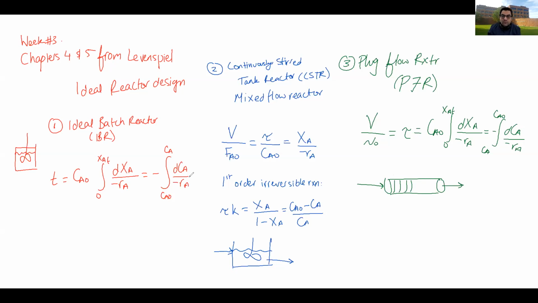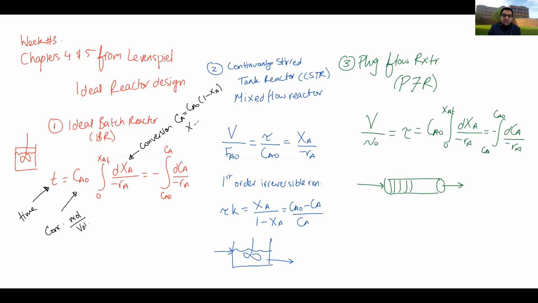A few terms. So you see here we have a bunch of parameters. Let me just define a few terms before we move on. So CA is your concentration, right? It's in units of mole per volume. t is time, right? XA is your conversion. And we said for a conversion, the equation is CA is equal to CA0 (1 minus XA).